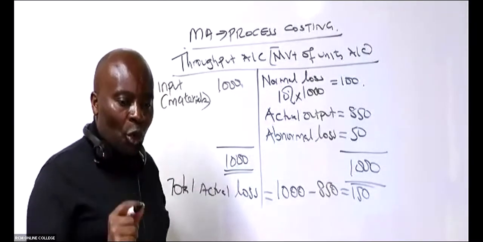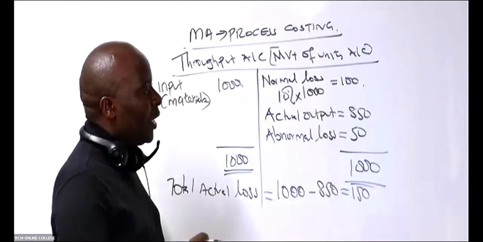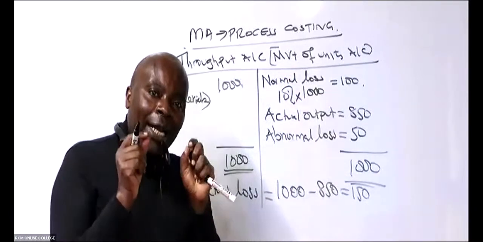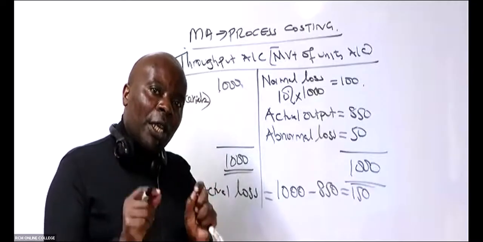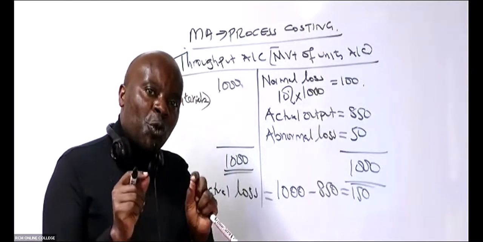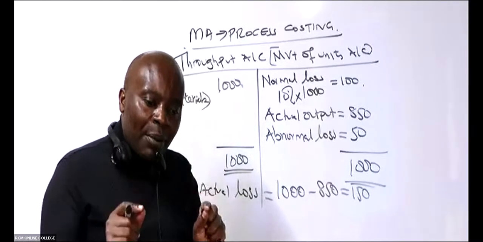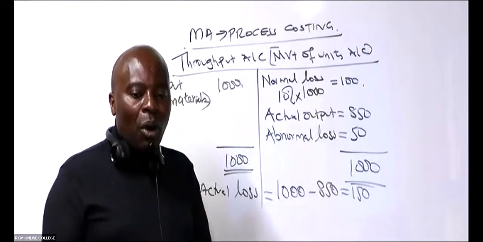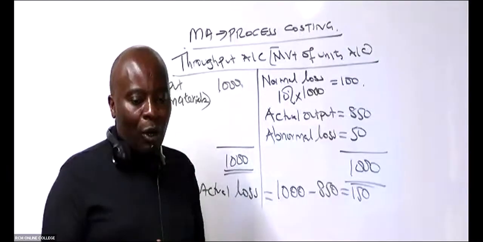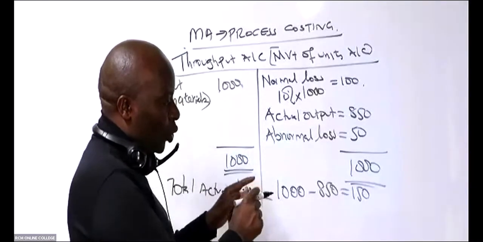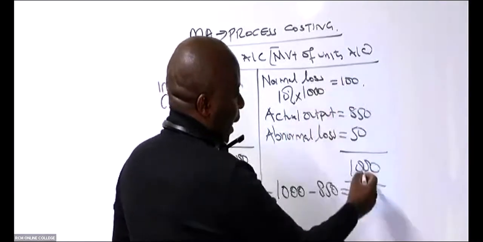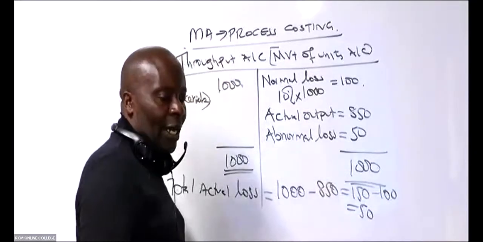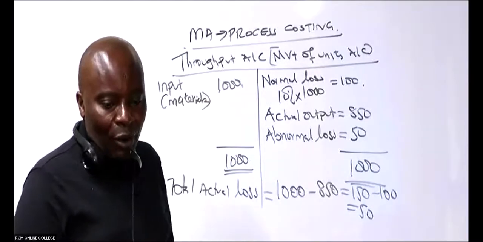And this total loss of 150 is more than the normal loss. We said that whenever the actual loss is more than the normal loss, you get what we call an abnormal loss. The actual loss is 150 and the normal loss is 100. So if you subtract 100 there, we get an abnormal loss of 50.